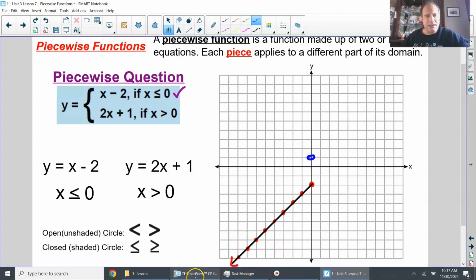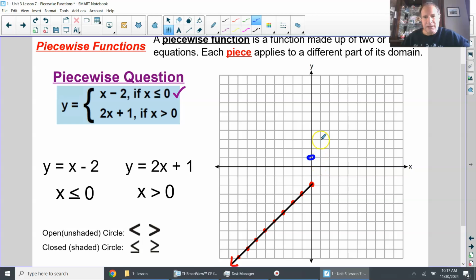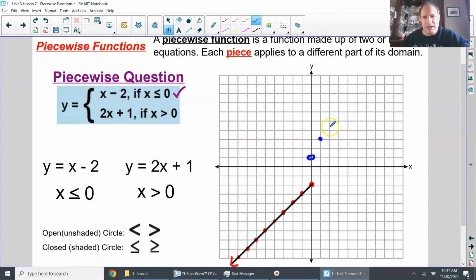Now I'm going to continue to graph greater than. So I'm going to go to 1, 3. So 1, 3 is right up here. Then I'm going to go to 2, 5. So 2, 5 is right up here. Notice that the slope is 2.